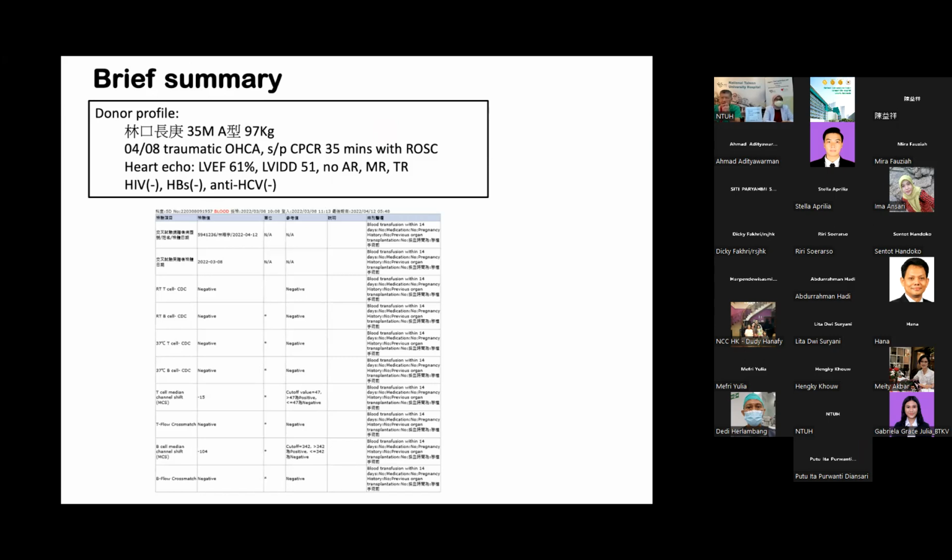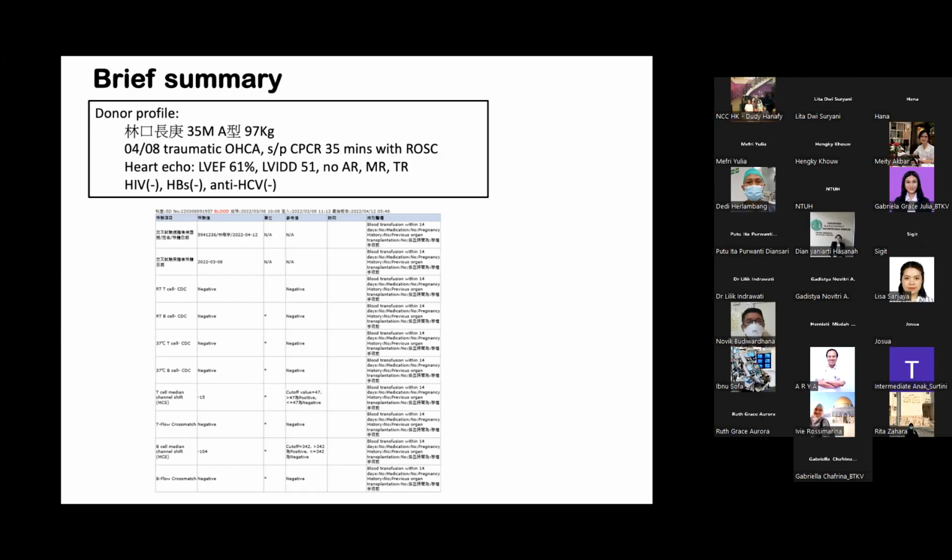If the body weight mismatch is over or under, you may have some possibility of graft failure, especially when the donor body weight is more than the recipient. So for the pediatric group, we would like to pick a big heart for the small recipient, since the pediatric group may have some mix of pulmonary hypertension.